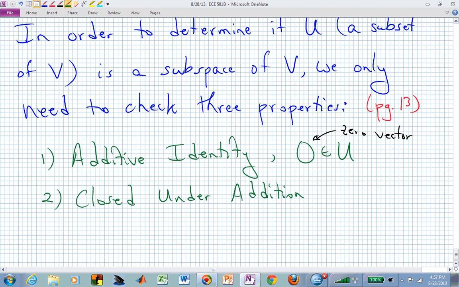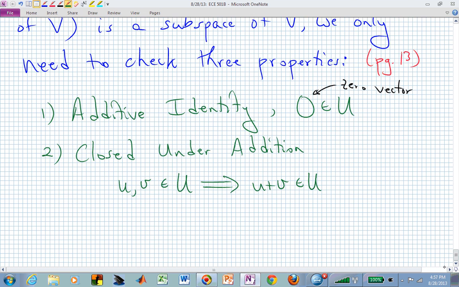Here, then, we could say, given u and v both in U, we need their sum to belong to U. So the addition operator needs to be a closed operator, or give us a result that ends up in that subset.